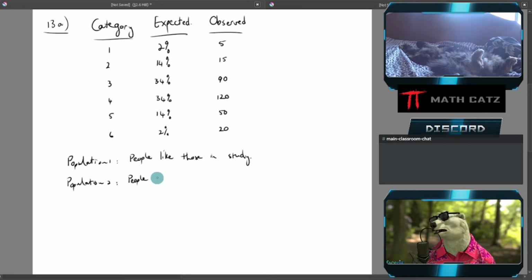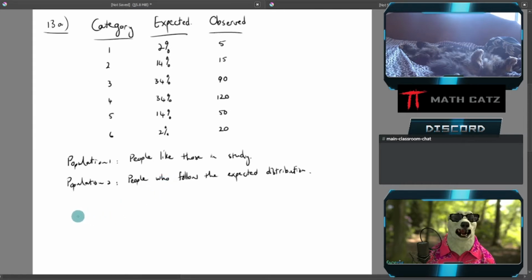People, let's say, just say it casually here, who follow the expected distribution. So we can't be too specific here. It's based on the information the question gives me.